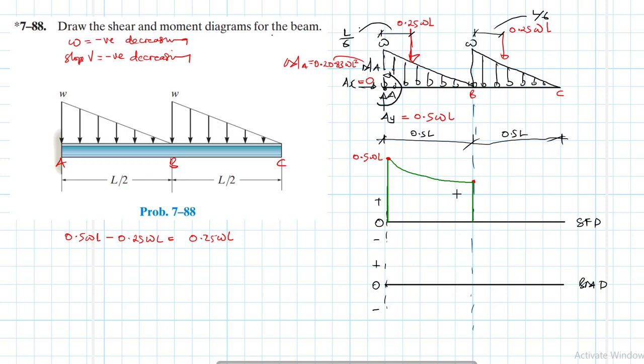And then from B to C, we again have the distributed loading, and it has the same behavior. It's negative and decreasing. So let's find the next point: 0.25 WL minus 0.25 WL is equal to 0.